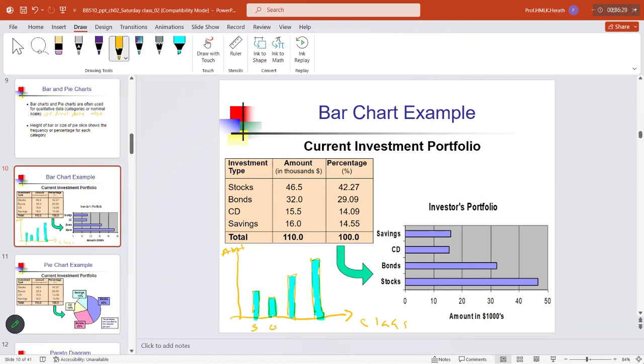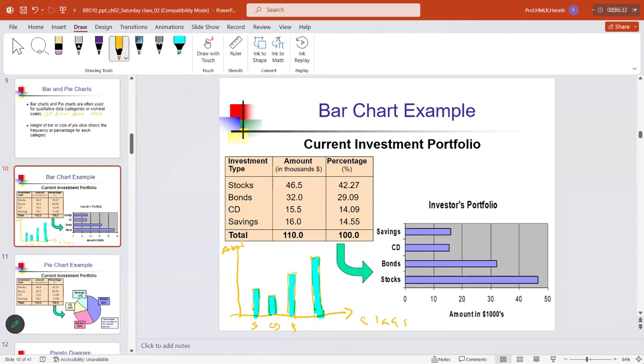Savings, CD, bonds, stocks. So this is a column chart. The size of the bar or the column depicts the amounts under different categories.